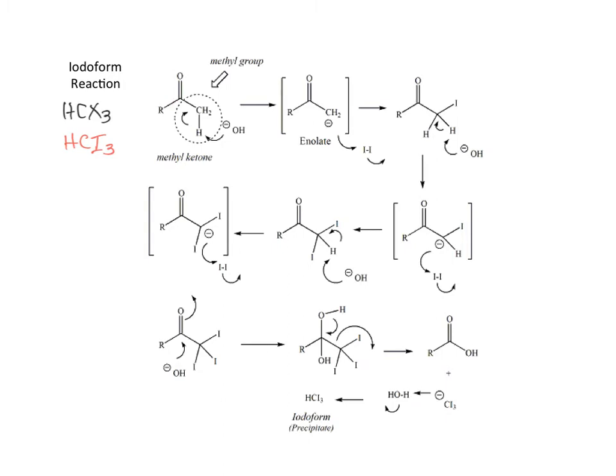Now, this reaction depends on an important property of carbonyl compounds, and that is that the carbon alpha to the carbonyl is more acidic than we would expect for normal carbon-hydrogen bonds.